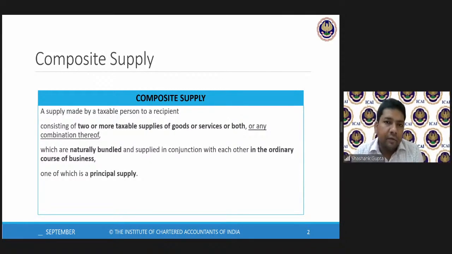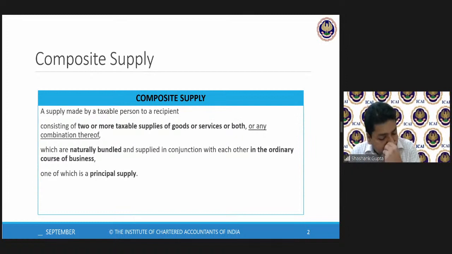The destination of any supply is determined basis place of supply. Now, this place of supply is not presently a part of your course. It is most likely part of the final course. I may be wrong. I'm just on chapter 2 right now. So this place of supply is separate for goods and separate for services.